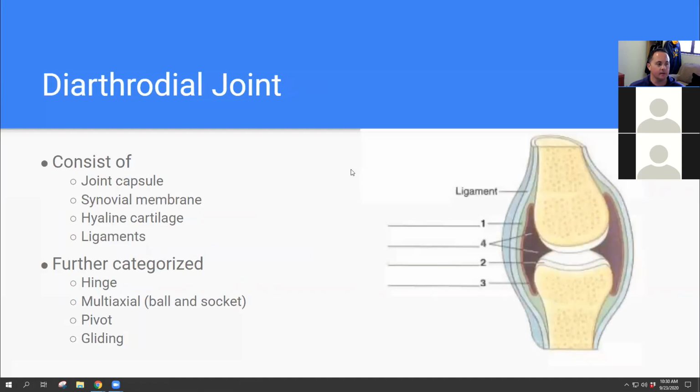So first, we have diarthrodial, okay? This picture is from your textbook on page 604. It is the first page of the part 2 on Google Classroom, okay? So it's the second section and it's the first page, okay? Part of what you guys will do for your, well, I'll go ahead and give you time now.